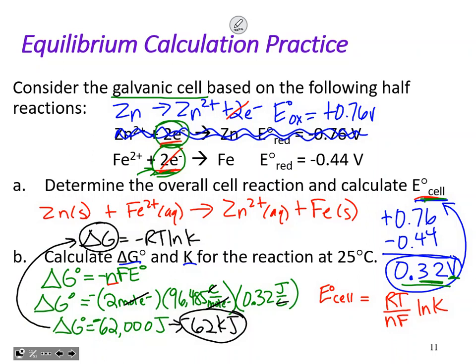And since you're finding that from here, that's why using this version is a better deal for finding ln K.